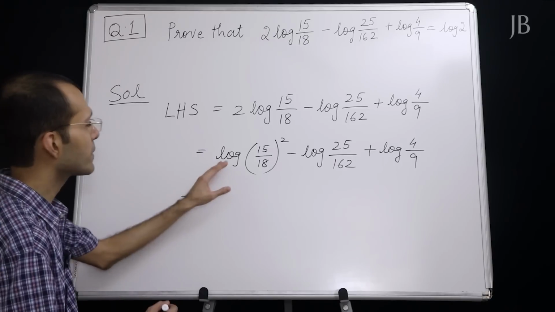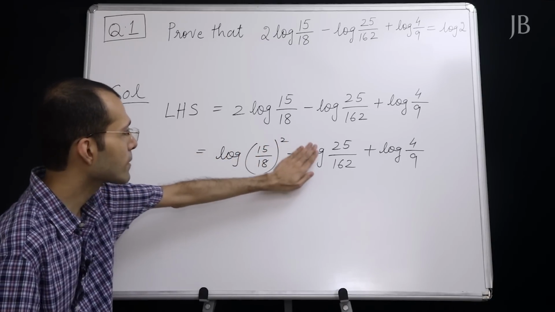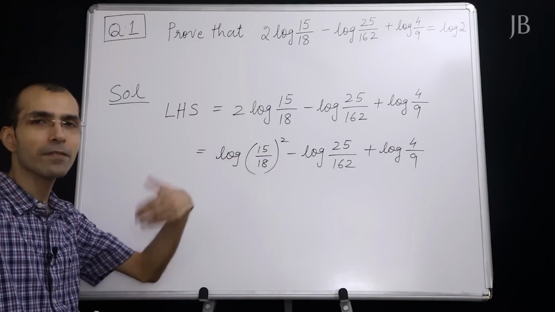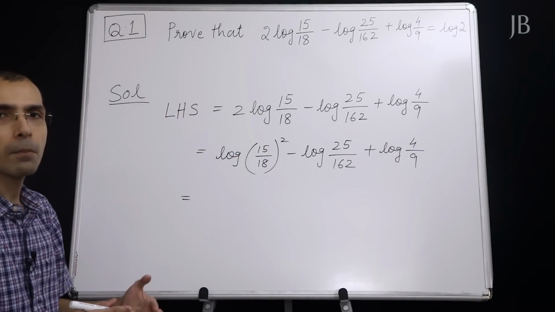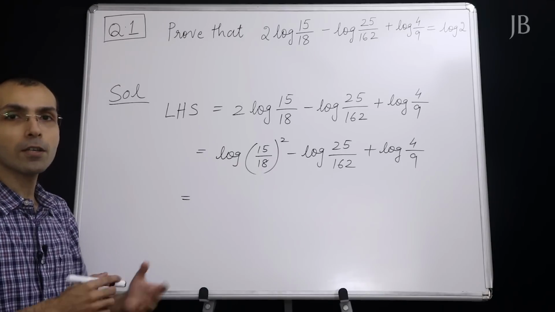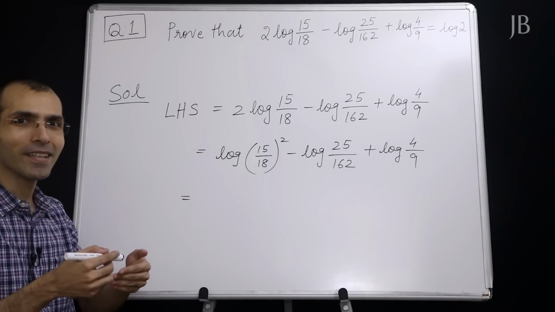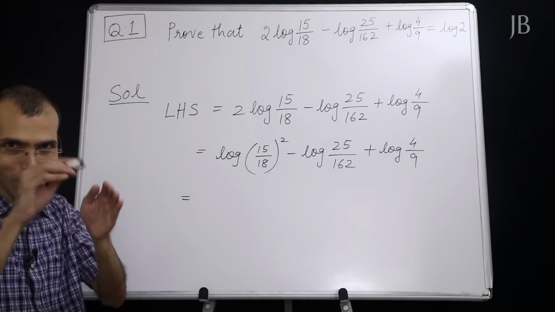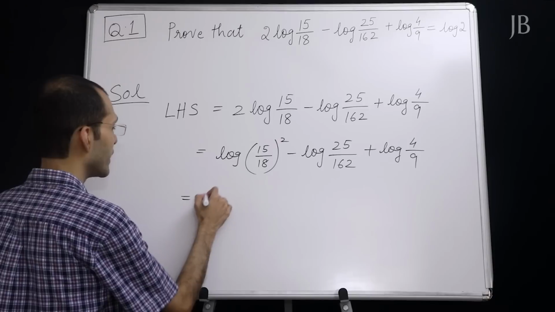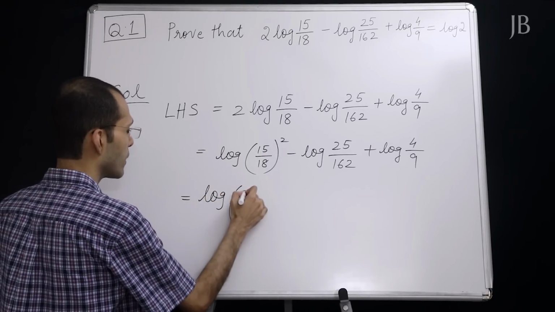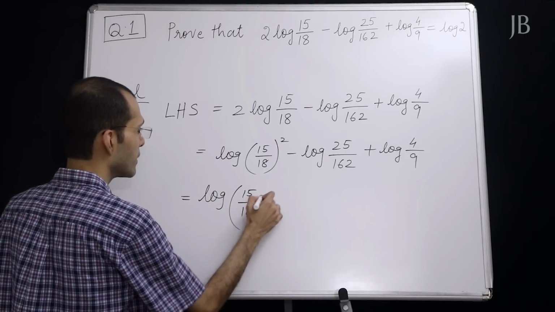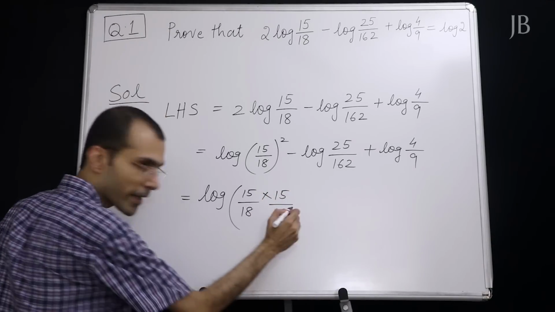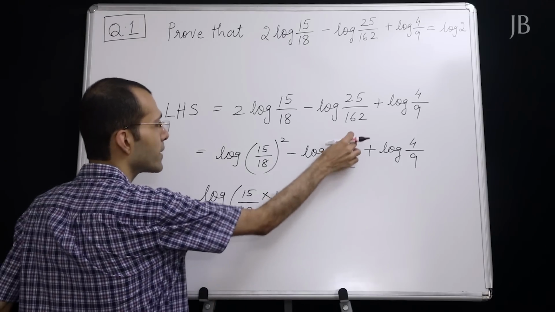Okay, so this is like log a minus log b plus log c. So minus we take as division: log a minus log b will be log of a by b, and log b plus log c will be log of bc. So this will be log of 15 by 18 into 15 by 18 divided by 25 upon 162.